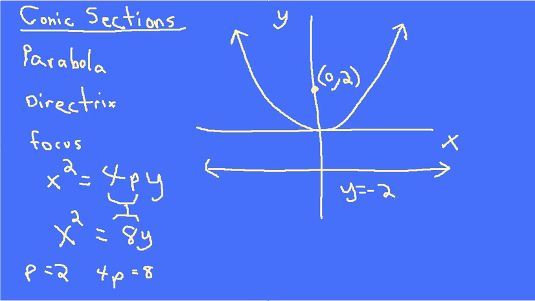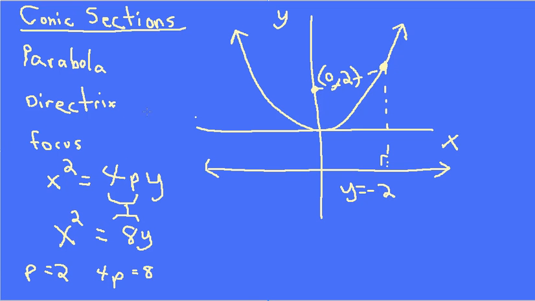What does all this mean? If I choose any arbitrary point on this parabola, the distance from the focus to that point and the distance from that point to the directrix is always the same, no matter where I move it on this graph. That's really the whole point.